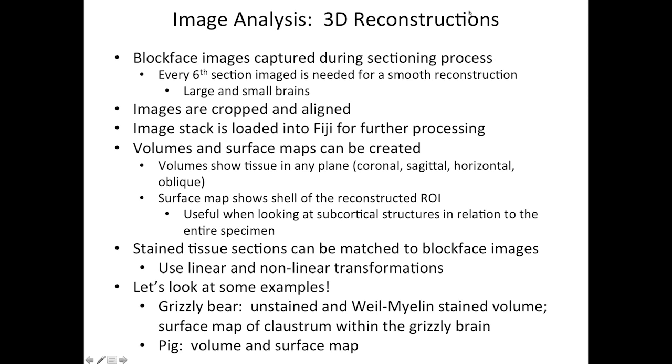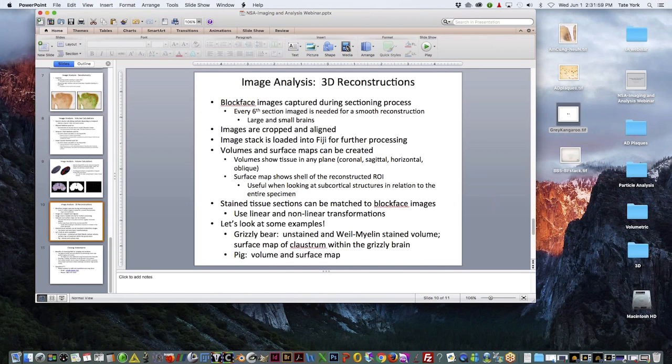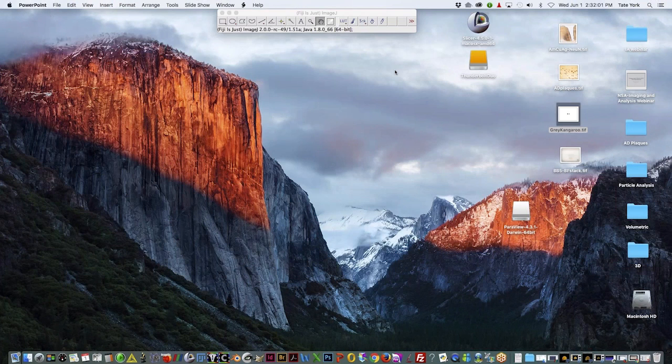So this is a pre-aligned block, but just to give you an idea of the images that are taken through the sectioning process. This goes throughout the entire grizzly bear brain coronally.